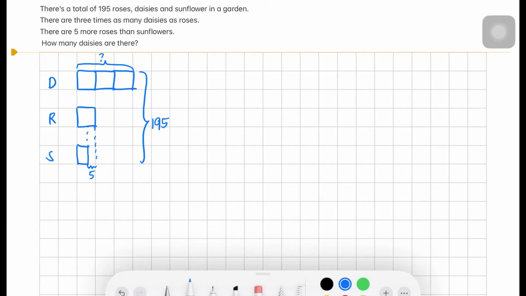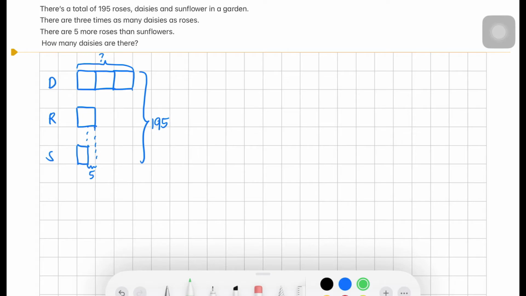Let's try to look at our model and figure out how we are going to solve this problem. So as you can see, only one object here, only one flower, does not have the same equal units as the others. And that is the sunflower. The sunflower is less than 1 unit.